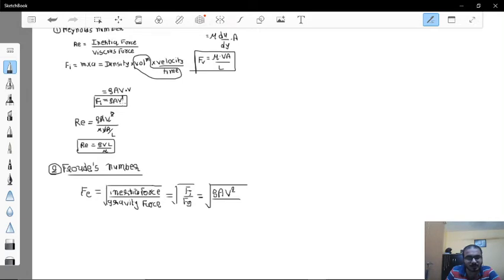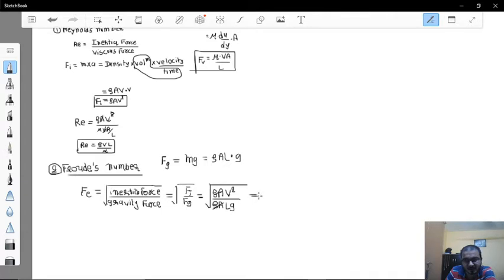divided by, we already have rho a v square as the inertia force, and in case of Fg, if we say Fg is equal to mg, is equal to rho a L into G. Instead of m, we have written rho a L. So rho a L G. So this two will get cancelled.